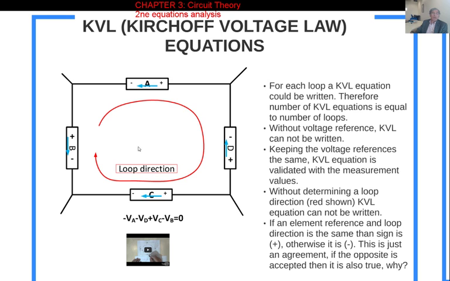We also need another reference for the loop. So it says here loop direction. If there is a loop direction and the element current reference is assumed, if we know the current reference, we know the voltage reference, so we could use just one of them, because we should choose these references according to the passive sign convention that we already know.